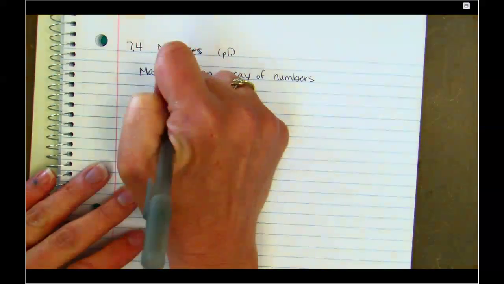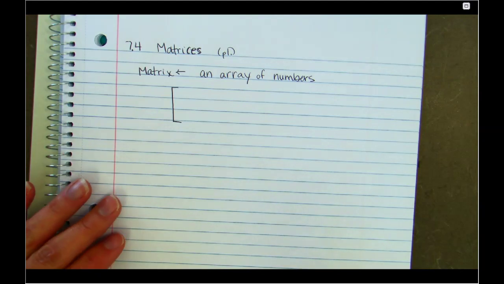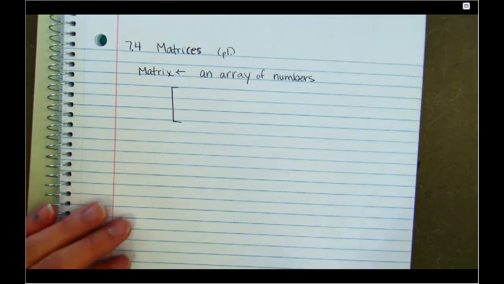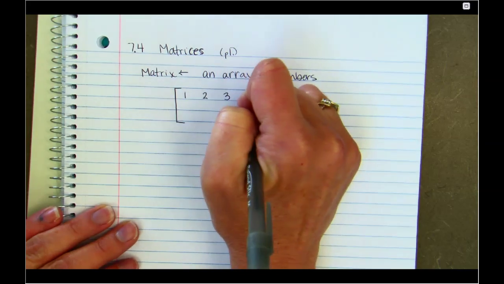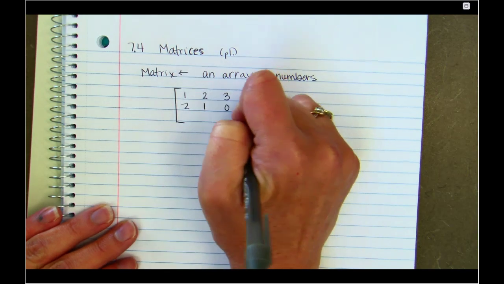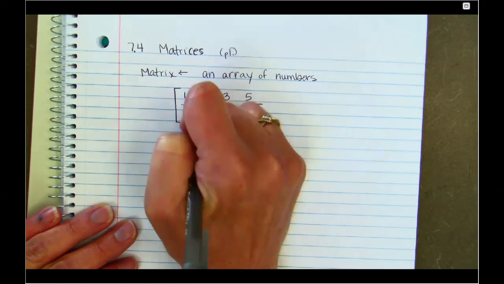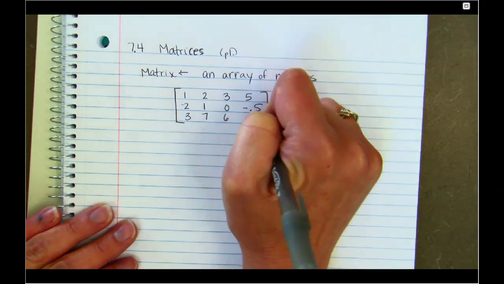So here's an example. This one does not have any meaning. It's just an example. It has a square bracket that denotes where the matrix starts and ends. So let's do this one: 3, 5, -2, 1, 0, -0.5, 3, 7, 6, 2. Okay. So that's a matrix.